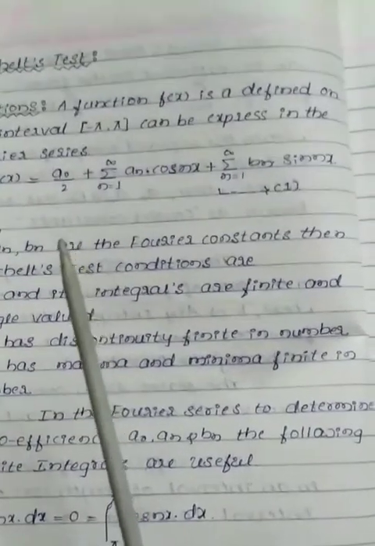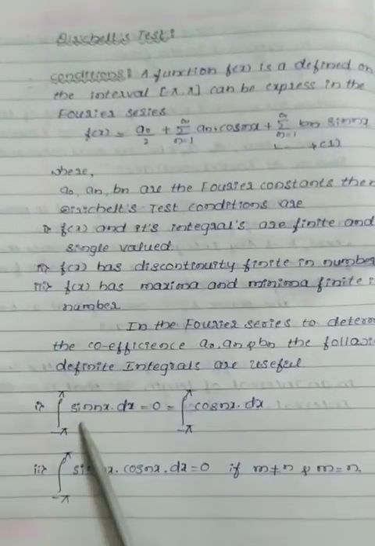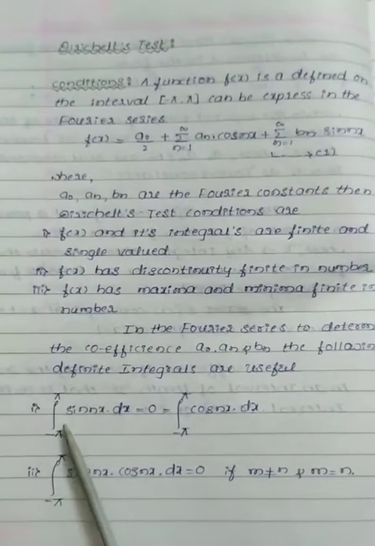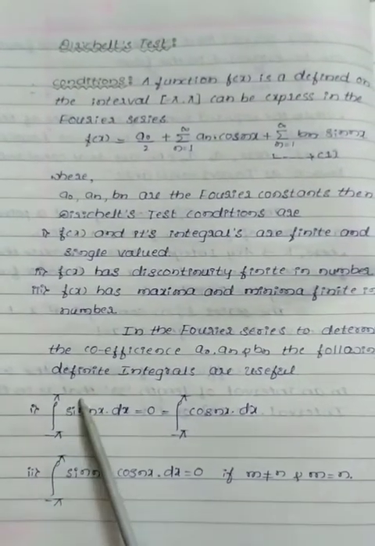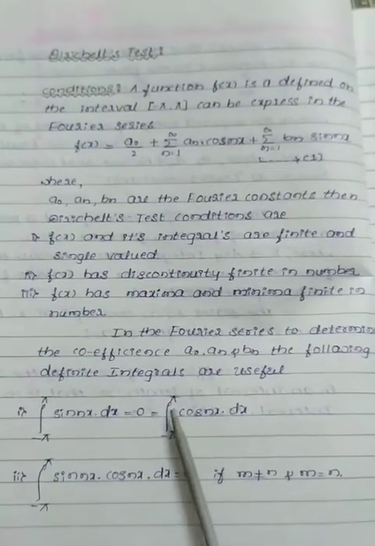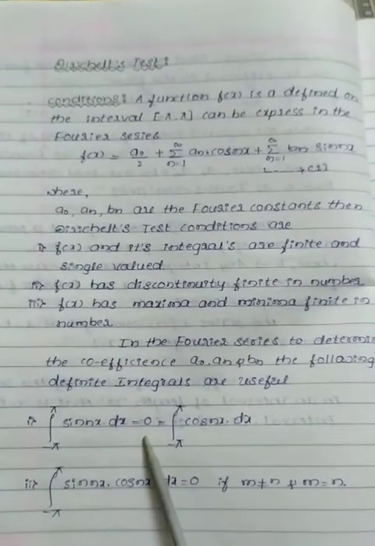Okay, let's see some standard formulas. We know the basic integral formulas, which are very important for Fourier series. Integration from minus pi to pi of sin nx dx is equal to 0. Similarly, integration of cos nx dx from minus pi to pi is also 0.